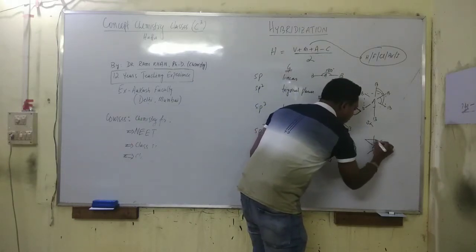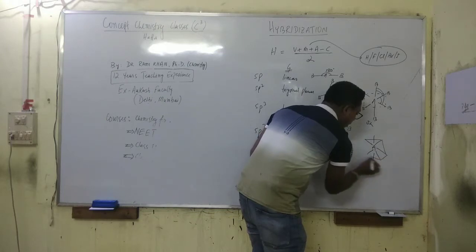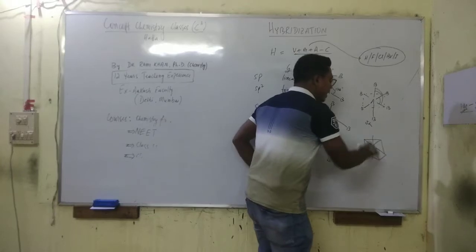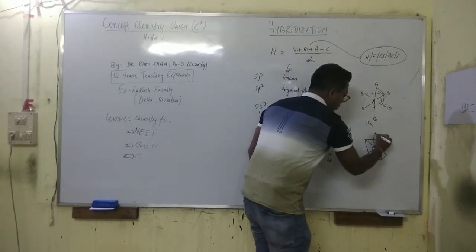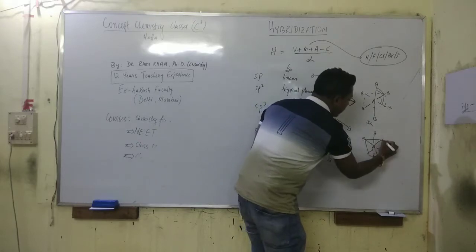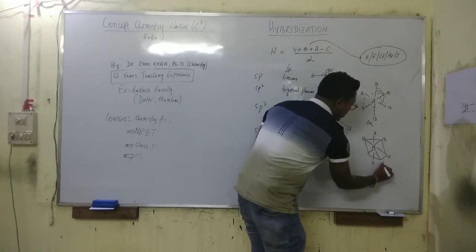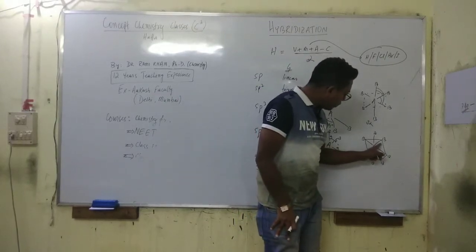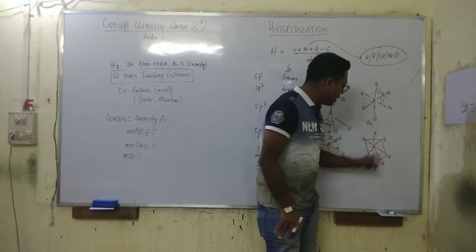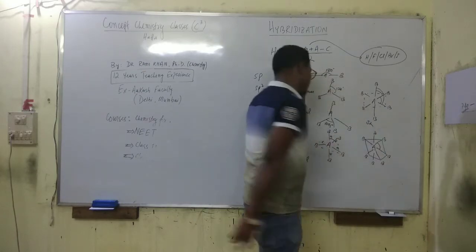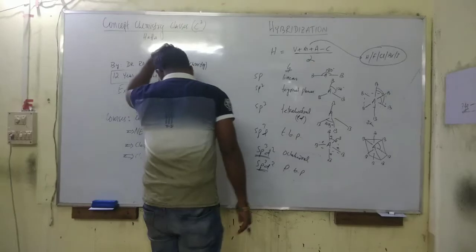These 5 will form a pentagon like this. The structure is not so good, but it is a pentagon, and the 2 bonds will be axial bonds. These are equatorial bonds, and the angle between 2 equatorial bonds is 72 degree. This is 72 degree, this is 90 degree, this is also 90 degree. So this is pentagonal bipyramidal.